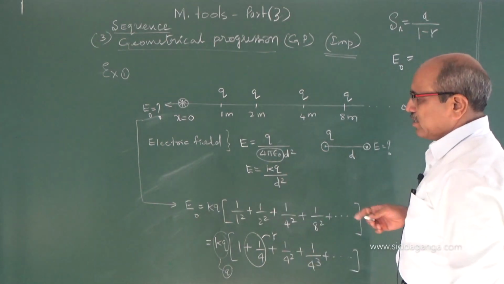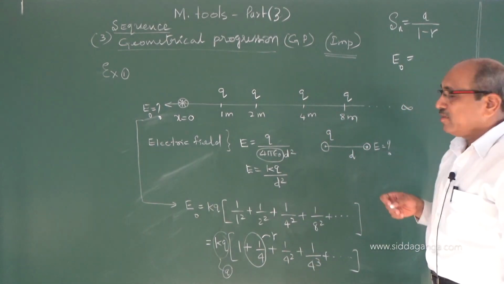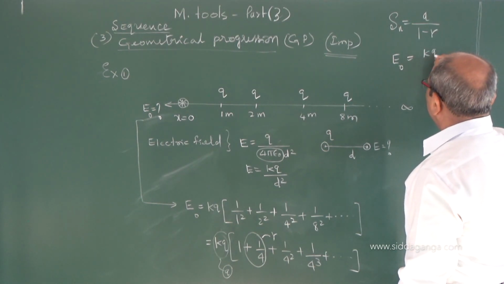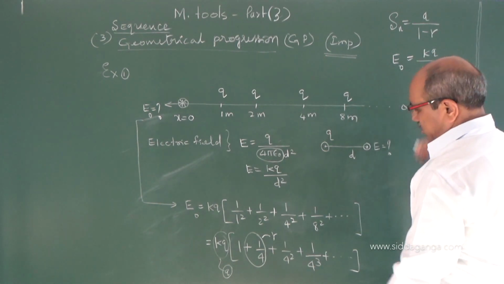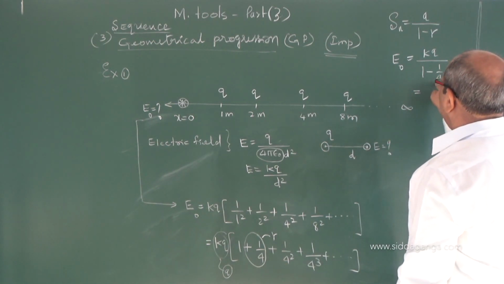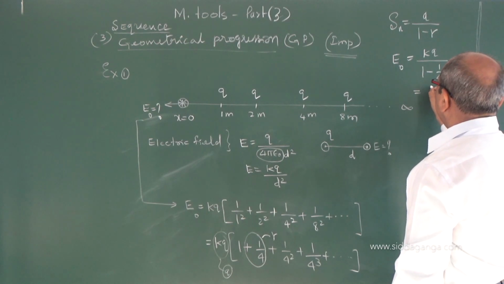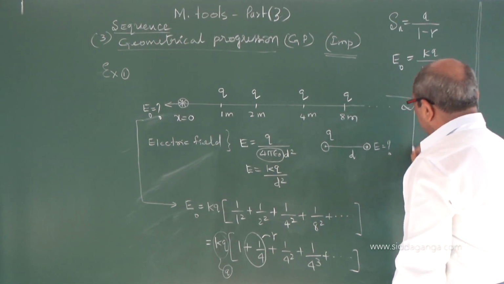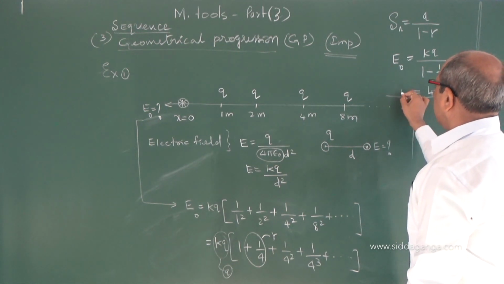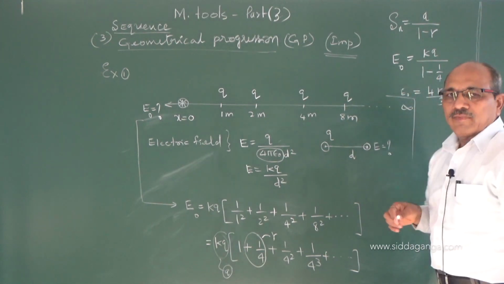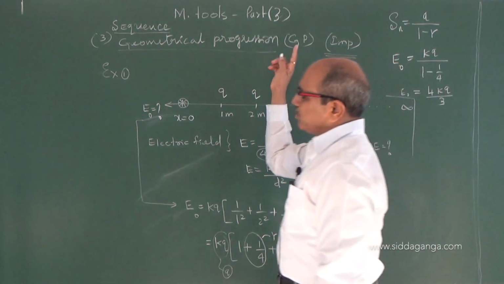Immediately you can get it knowing this relation: A is kq divided by 1 minus 1 by 4, where you can write 4 minus 1 is 3, and 4 goes to the numerator, so 4kq by 3. You got the answer for this, E naught, the electric field, using this GP.